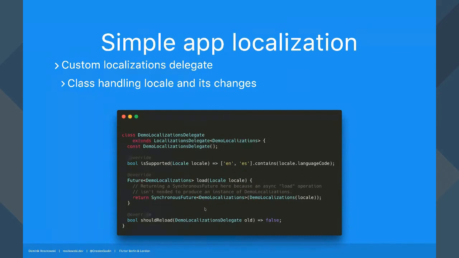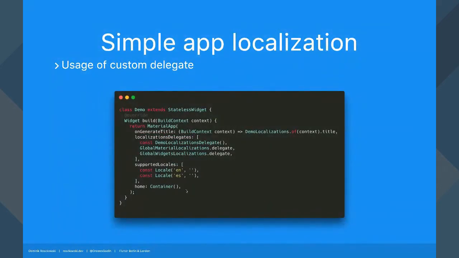Let's say it's a JSON file, or some kind of database that we have in the background. This will handle the request for, let's say, reload. So for instance, we would be notified that the user locale has been changed, then this class will handle the reload of the terms.